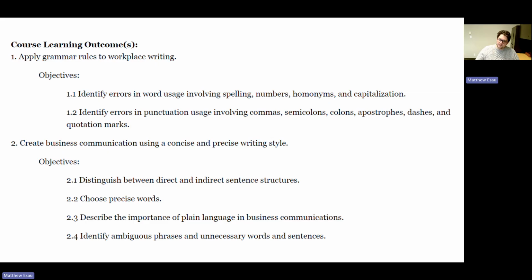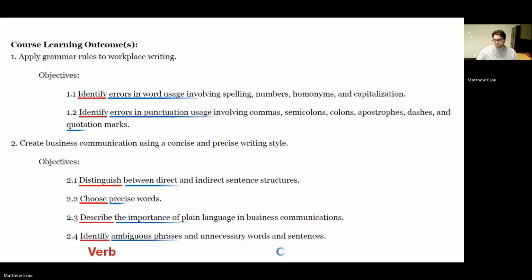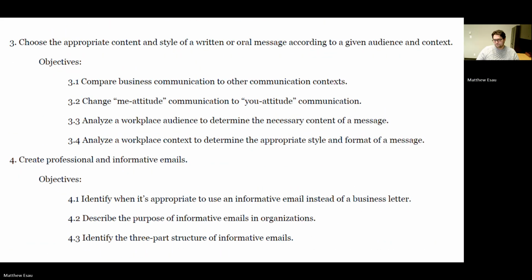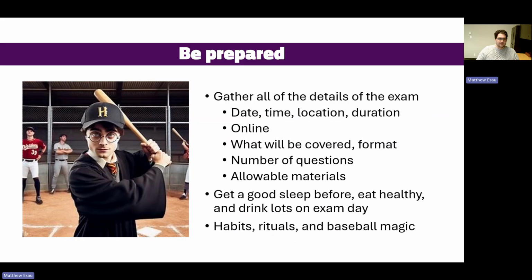What is an indirect sentence structure? What is the difference between a direct and an indirect sentence structure? You might even see those questions pop up on the exam. So start practicing with that. You'll find it comes in really handy in making a plan.